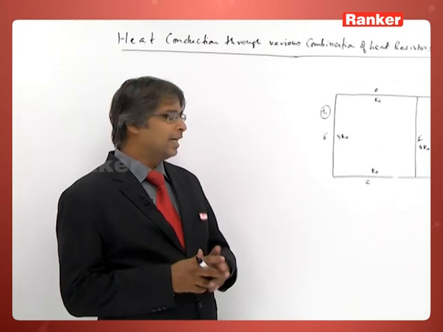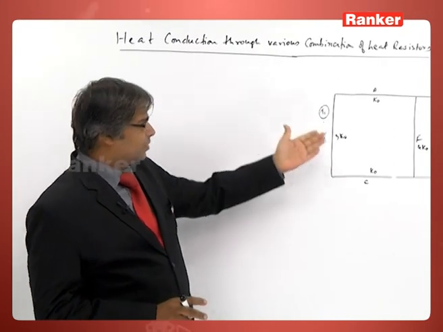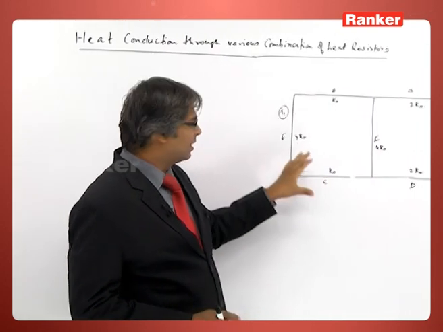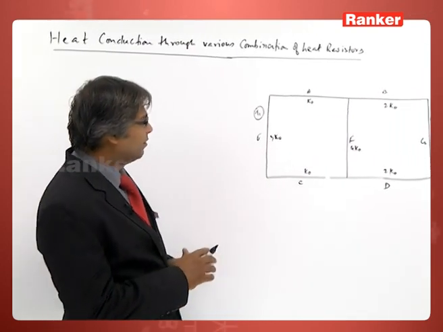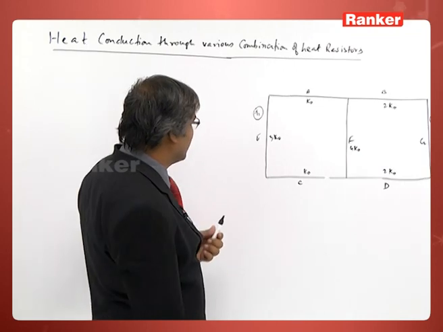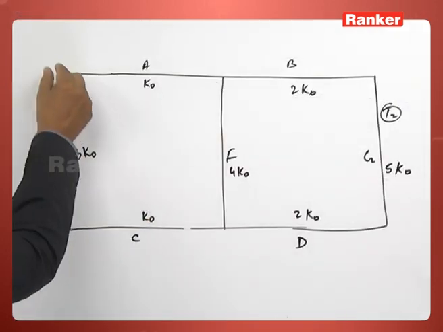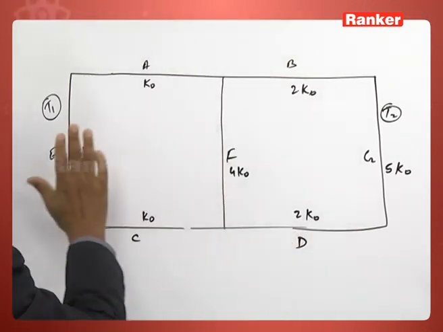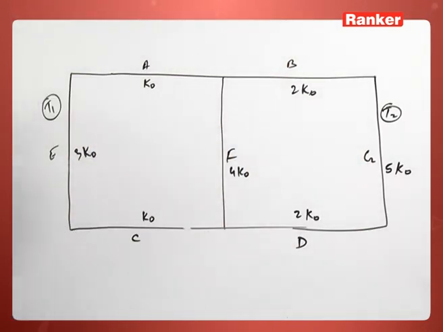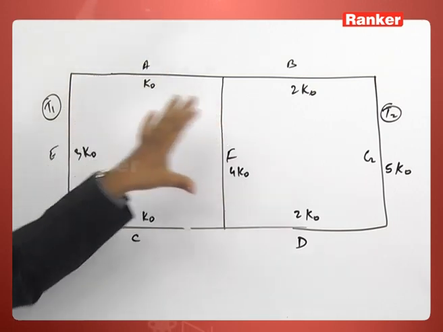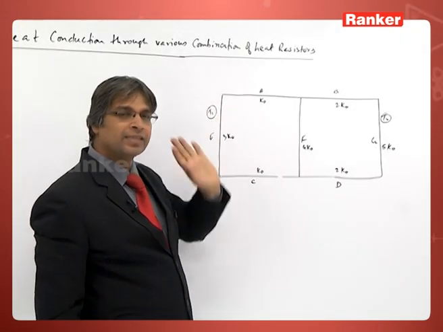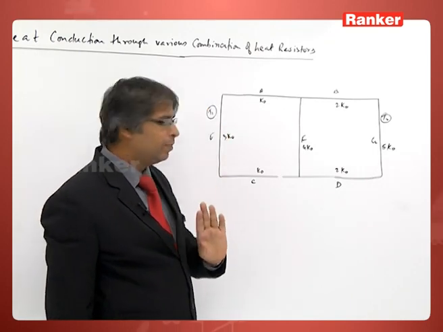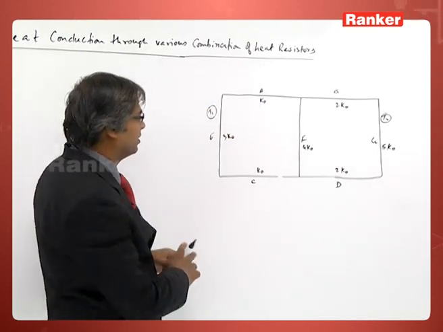So, now take another case of a combination of thermal resistors, and we will see how to analyze it. So, here there are A, B, C, D, E, F, G, these many conductors or rods, each having the same cross section area, and length is also the same, but conductivity is different.